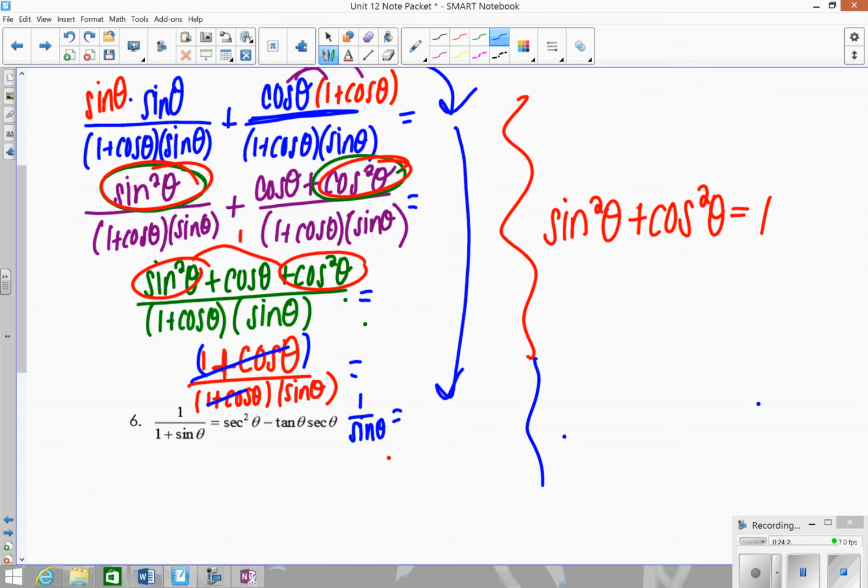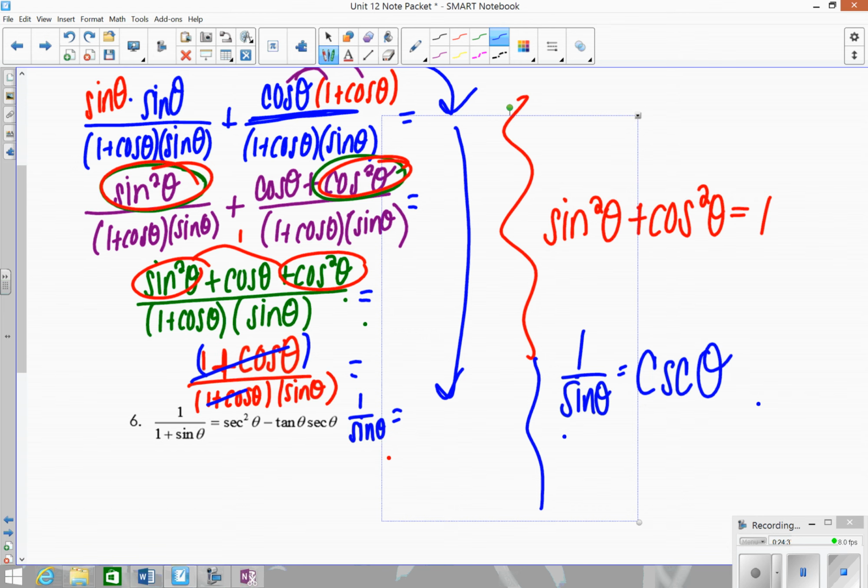Now we see 1 over sine theta, that's one of our identities from the front page. That's equal to cosecant, so I can just replace that, which is exactly what I wanted to prove up top. So cosecant. So that one works out.